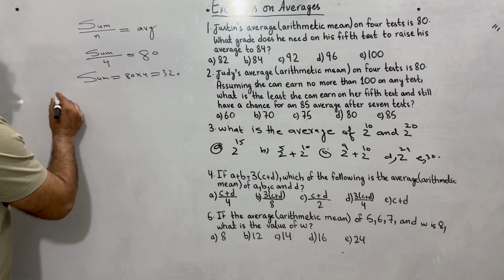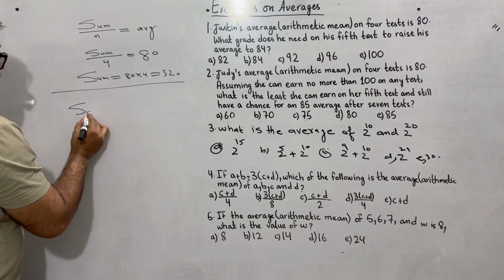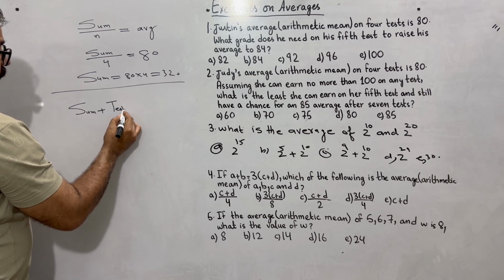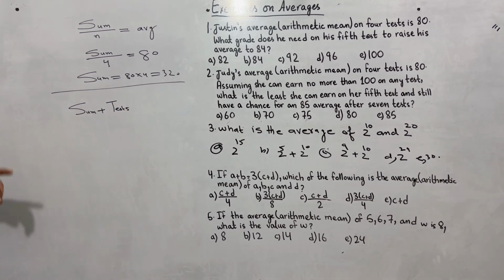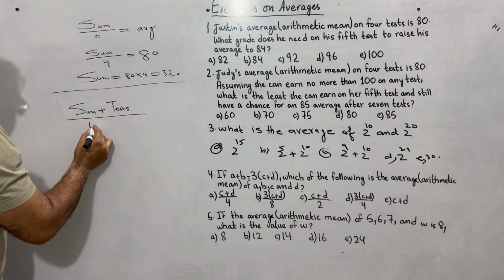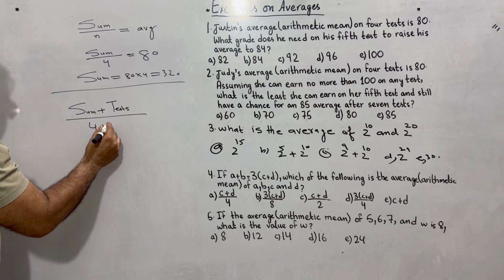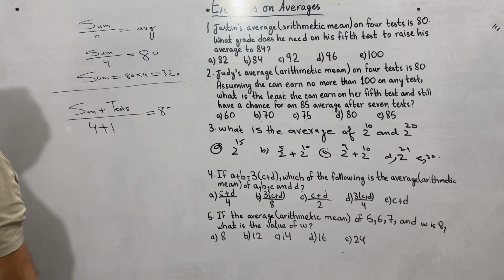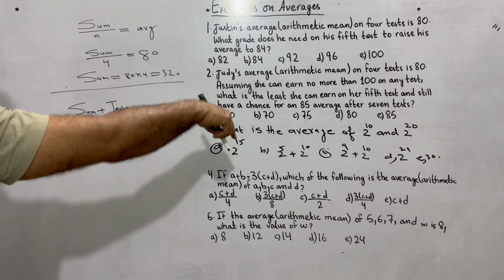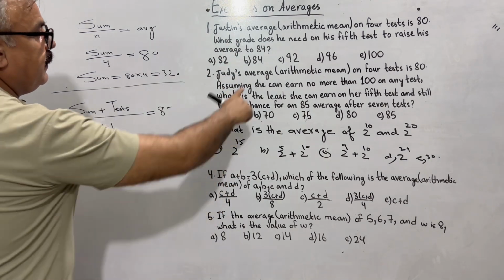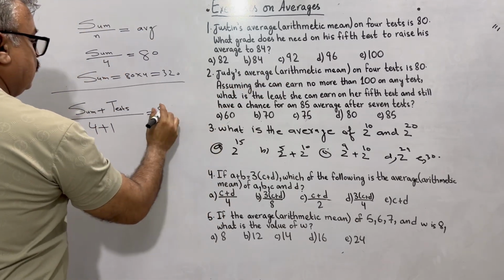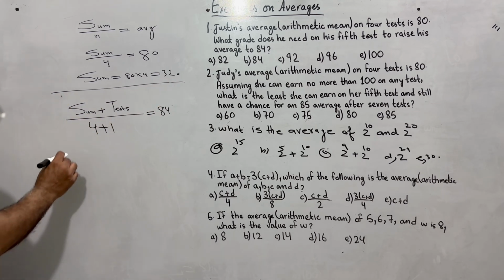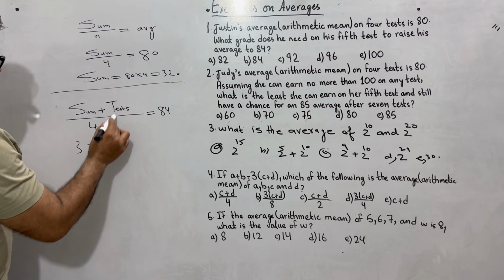Including the fifth test, the sum divided by 5, since prior to the fifth test there are 4 tests, plus one, must give an average of 84. The sum we have managed is 320. Insert here 320, and call the score on test 5 T.